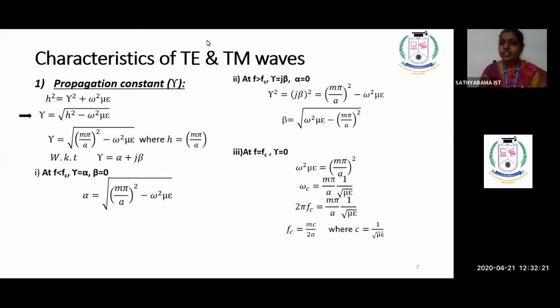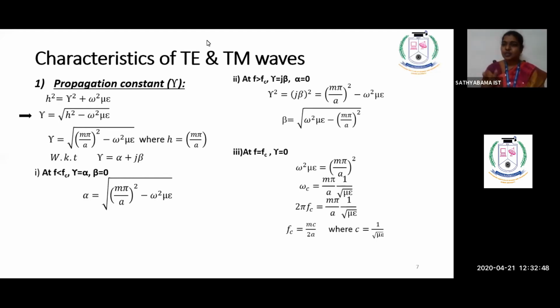Before going to that, one should know what that Fc is. Fc can be called either the critical frequency or the cutoff frequency. What do you mean by critical frequency? It is as simple as this: if you want to make the wave propagate inside a communication line or any waveguide, your wave should meet a certain threshold level. If the threshold level is met, then your wave can easily propagate inside.